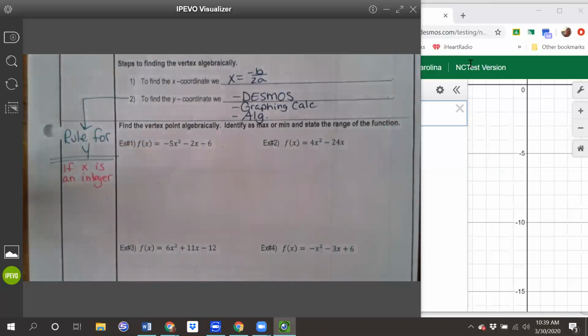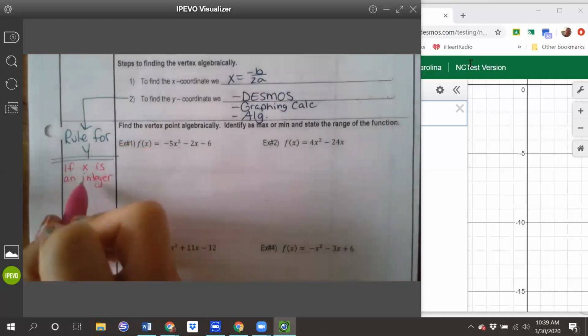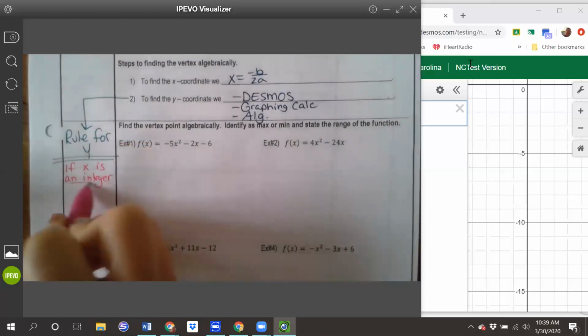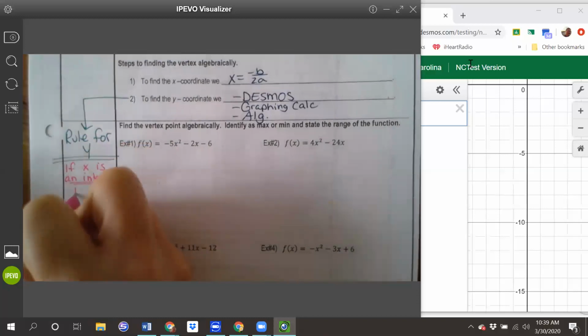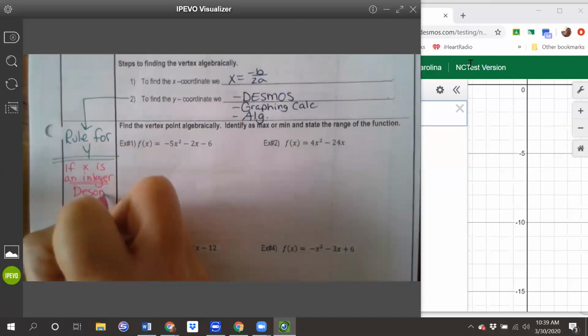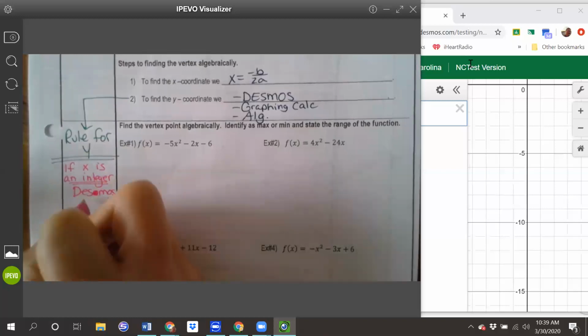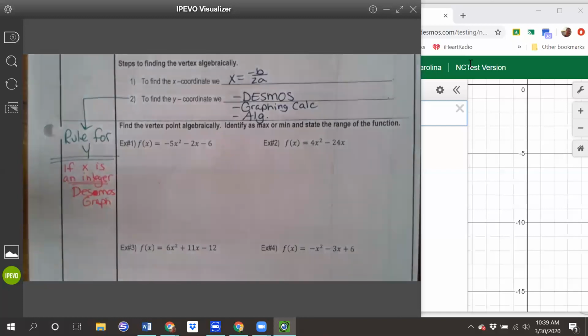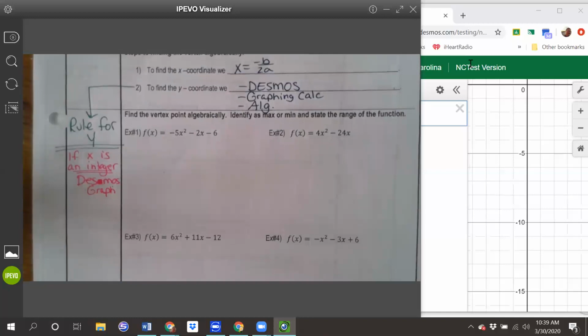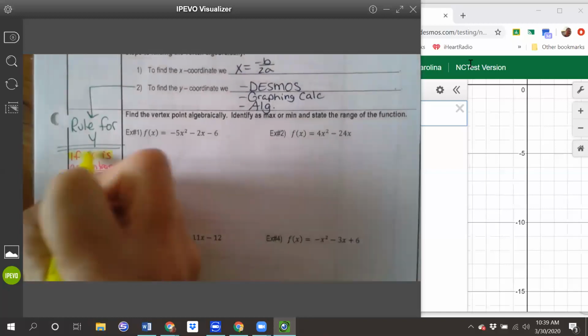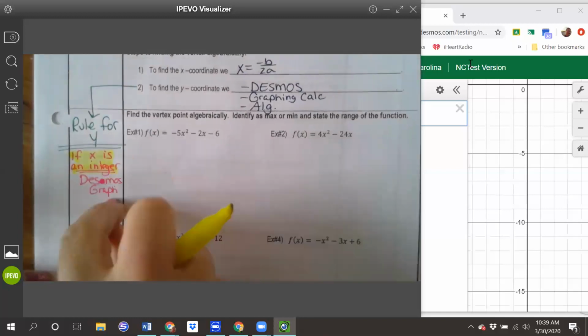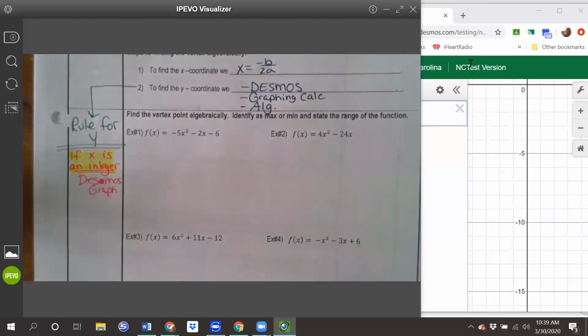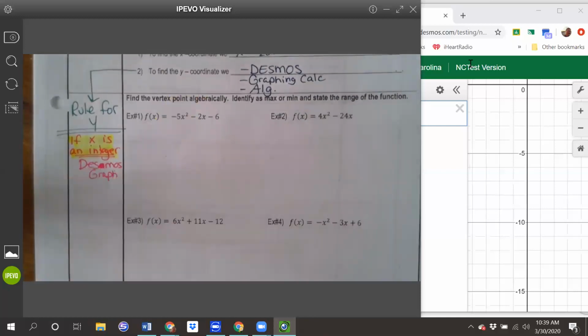If x is an integer, then your quickest way is to use Desmos, D-E-S-M-O-S, the Desmos graph. And all you have to do is click on that point and it'll tell you what the coordinate is. So if it's really nice looking, your best way is to just put it on Desmos and click on the graph on that vertex point.